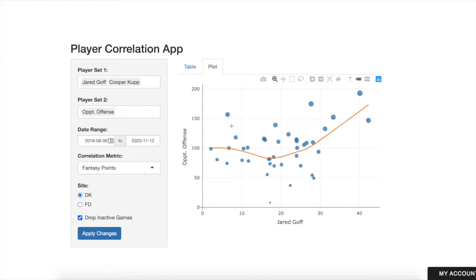And in theory, I guess you could say that games in which the opponent is doing particularly well, putting up lots of offensive fantasy points, might be games in which the Los Angeles Rams are trailing, therefore Goff is passing more, or vice versa. Maybe Goff has put up a lot of points through touchdowns, therefore the opposition is trailing and going to a pass-oriented, up-tempo offense.